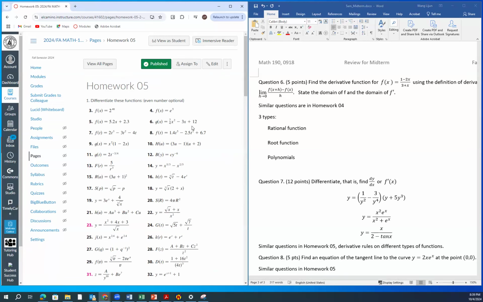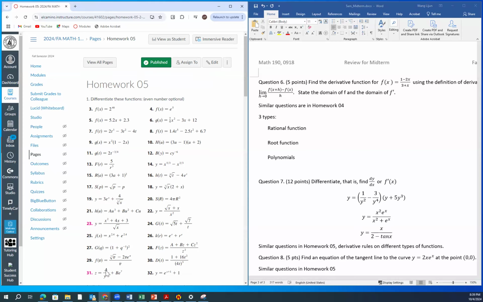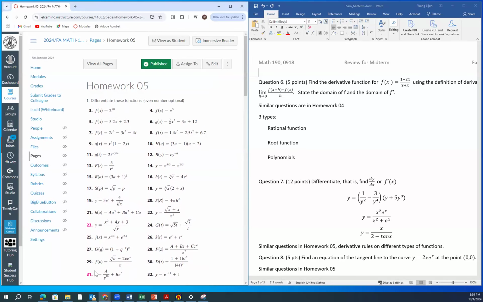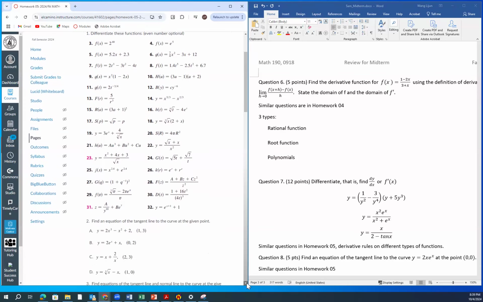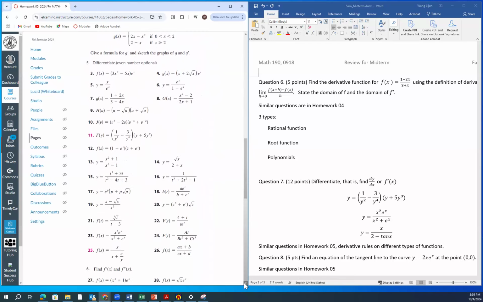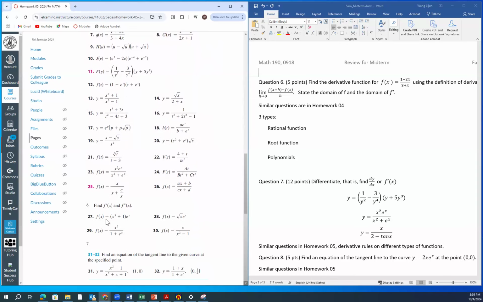Derivative, right? In these sections, as I told you, I will be choosing questions from the odd numbers, 3, 5, right? Even numbers are optional. And what are we testing you on? Derivative rules.